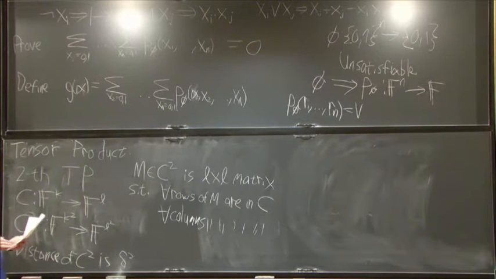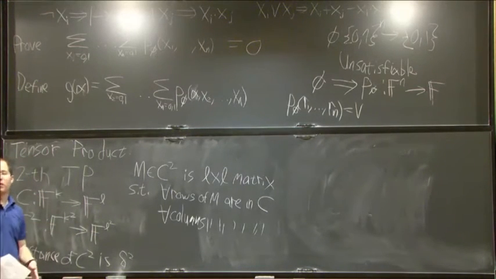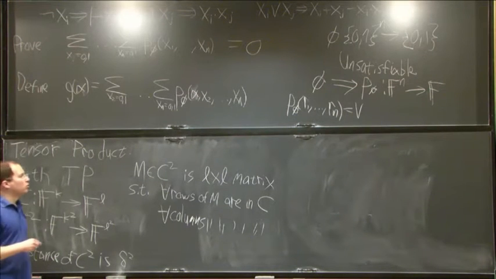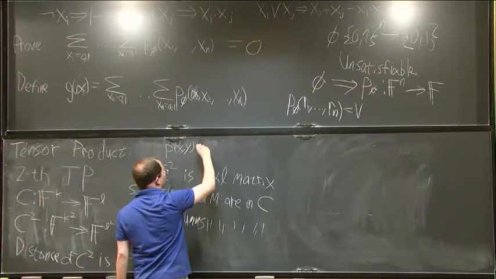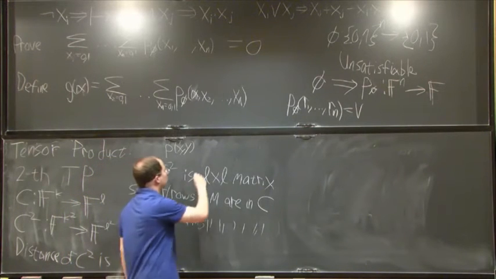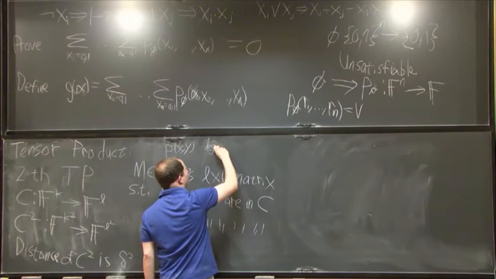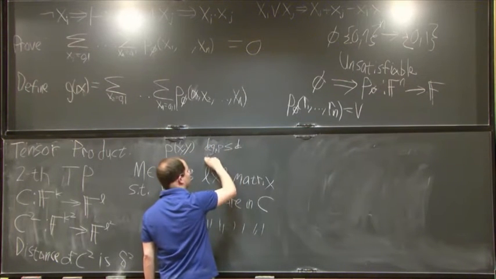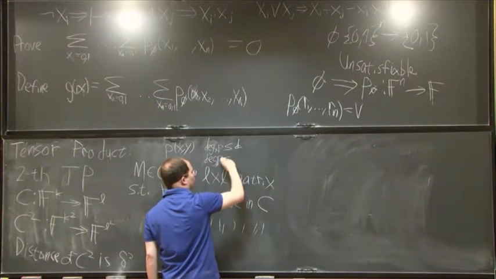Now, a special case of this tensor product of order 2 is bivariate polynomials. It can be shown that a function p of x, y is a bivariate polynomial of, say, degree d in every variable, that is, the degree of p in x is at most d and the degree of p in y is at most d.